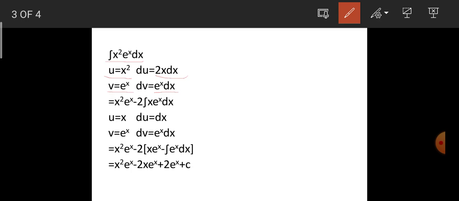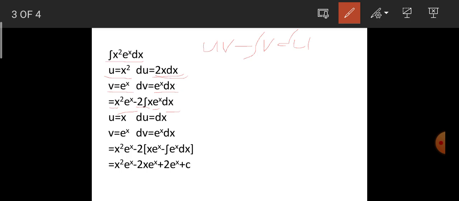So by using the formula of integration by parts, uv minus the integral of v du, our u is x squared and our v is e to the power of x, subtracted by the integral of v, which is e to the power of x, and du, which is 2x dx.